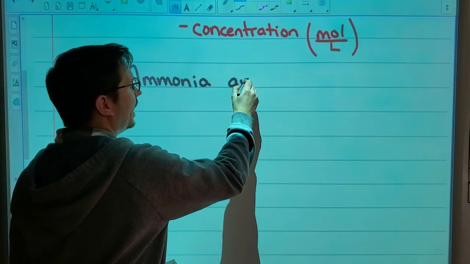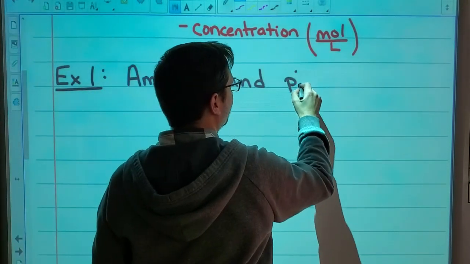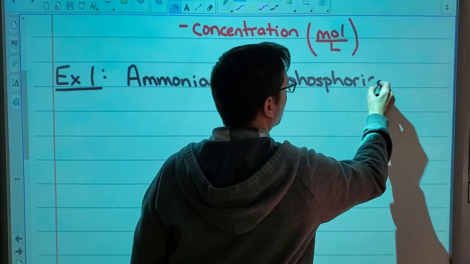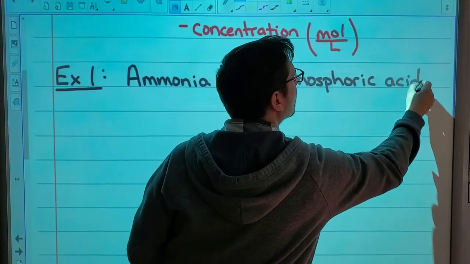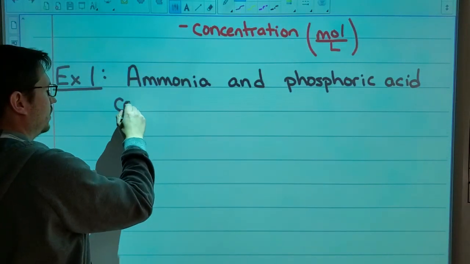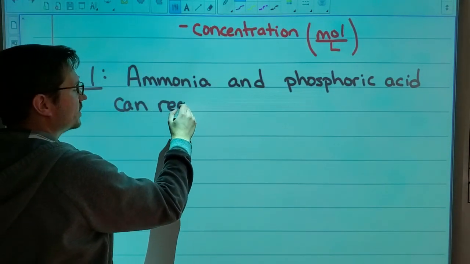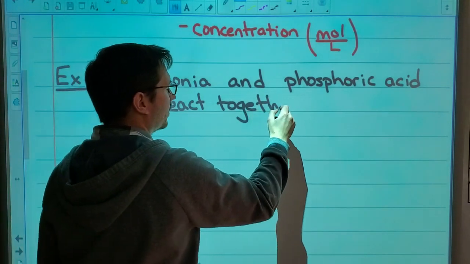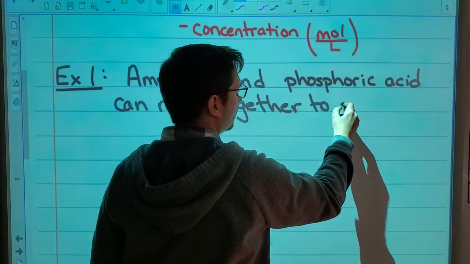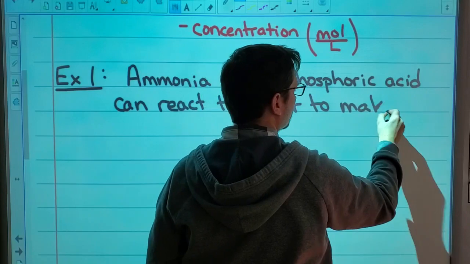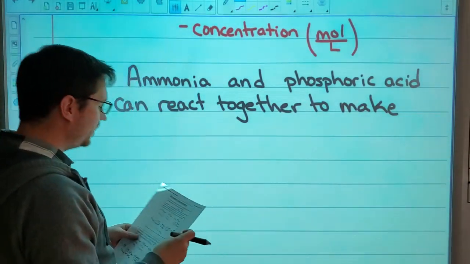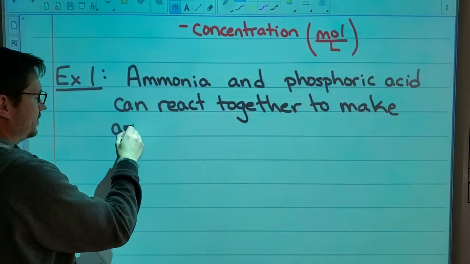Ammonia and phosphoric acid can react together to make ammonium hydrogen phosphate.